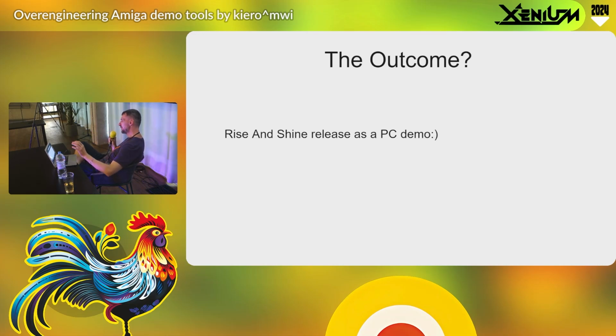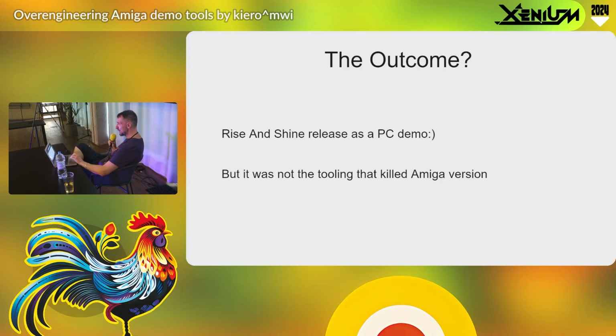So you can think that all of that I was talking about was a failure, right? But no, it was just the most stupid thing. It was the music playback part. And the saddest part is that this was the part that we reused from the previous demos. It wasn't supposed to change.